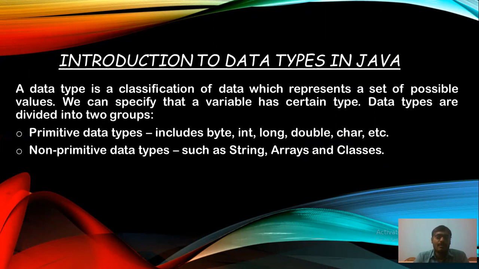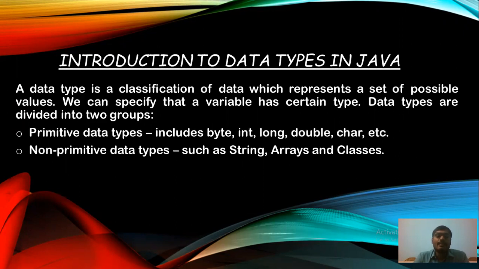Suppose it is taking true or false values, decimal values, or integer values. According to the type of value, it is classified, and it represents a set of possible values. So we can specify that a variable has a certain type.